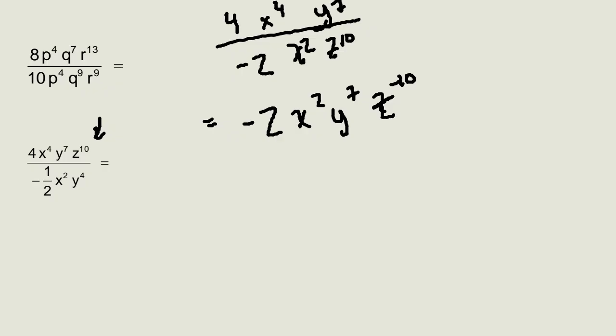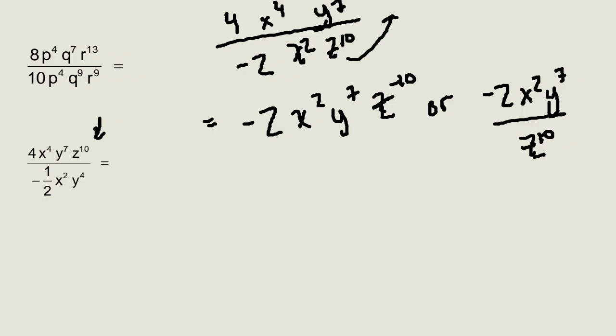Or you could have kept it as negative 2 x squared y 7, and you could have just kept that z10 on the bottom. Totally fine with that answer as well. Just if it's on the bottom and you want to bring it up, it has to become a negative because that's that rule. So usually there's one of those on the assignment, so I wanted to cover that because I actually don't know if I have one like that.